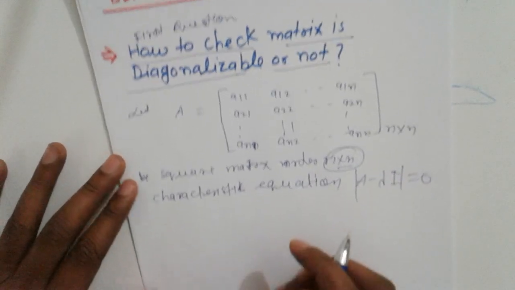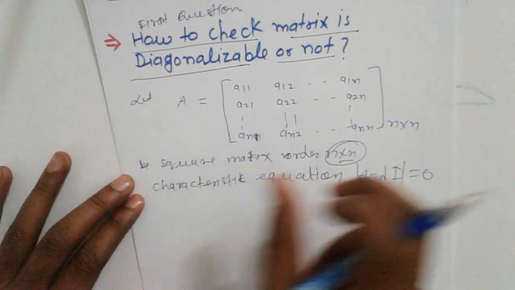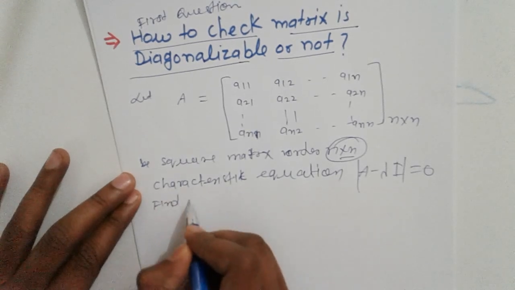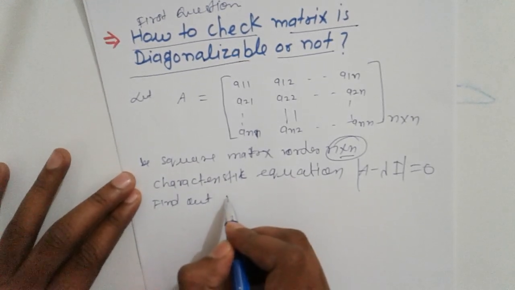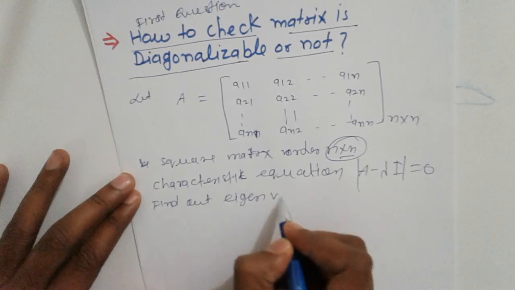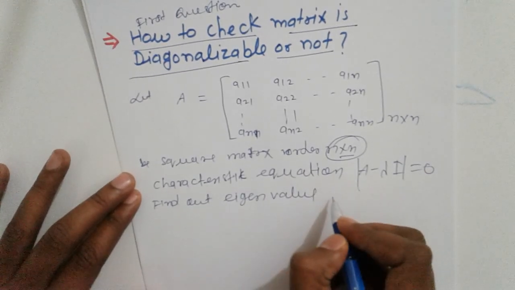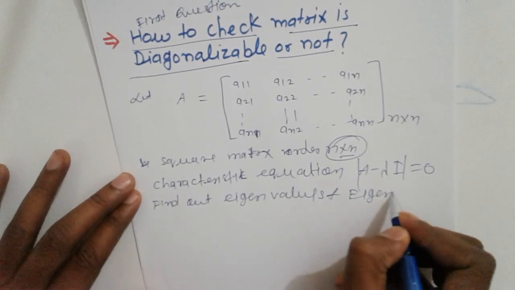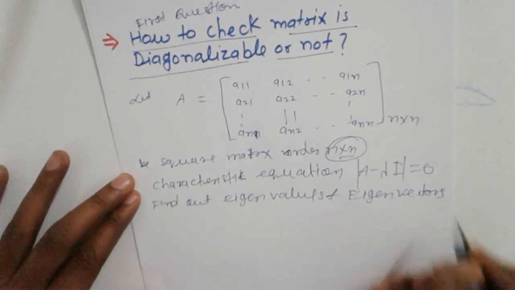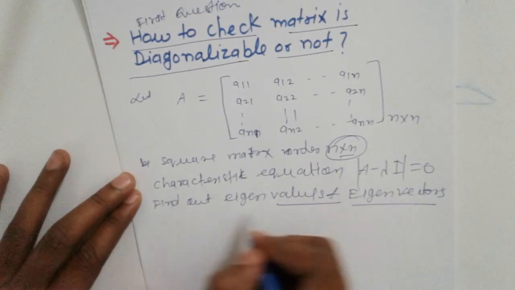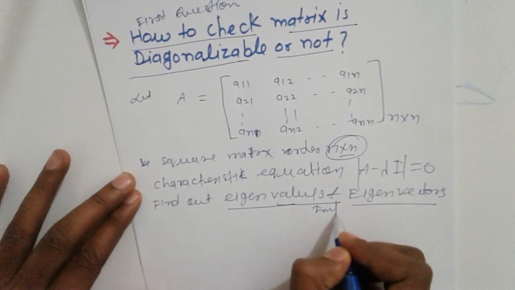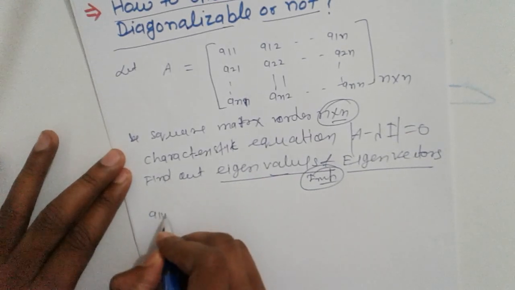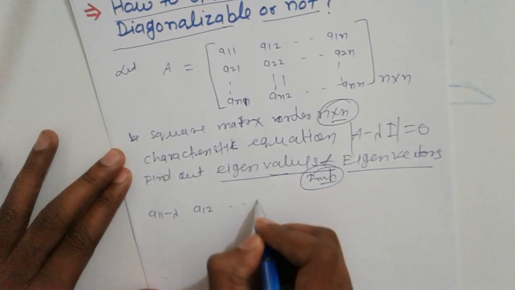It means if the matrix is given, the first work is to find the eigenvalues and eigenvectors. That is important. Eigenvalues and eigenvectors.